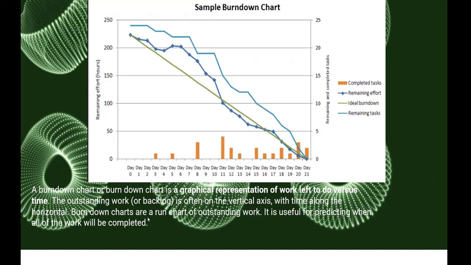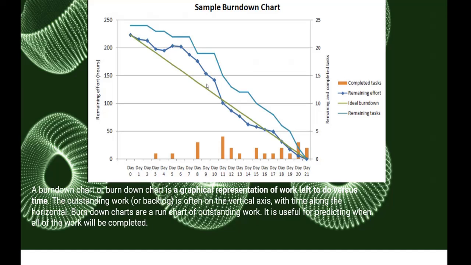Burn down charts are a run chart of outstanding work. It is useful for predicting when all of the work will be completed. You can predict it from this chart. For example, on day 10 you are here, and you can guess when it will be done here.